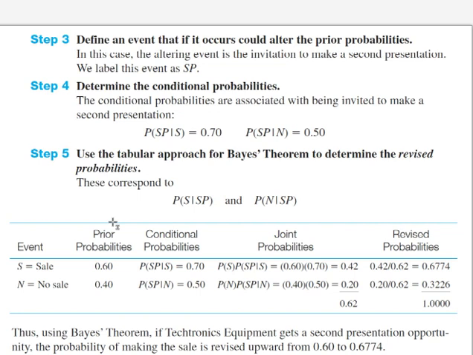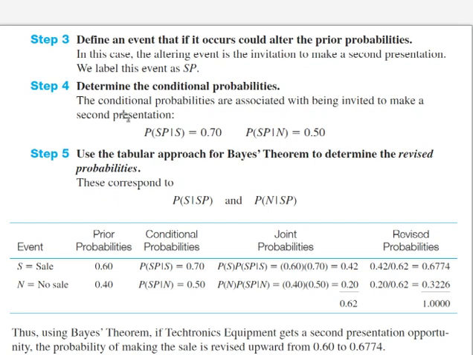Step 3. Define an event that, if it occurs, could alter the prior probabilities. In this case, the altering event is the invitation to make a second presentation. We'll label this event as SP, second presentation. Step 4. Determine the conditional probabilities.